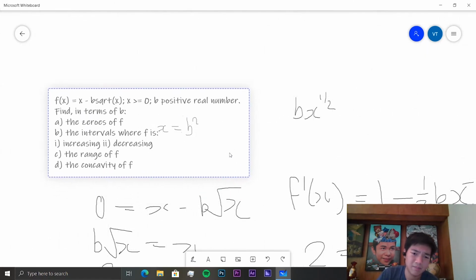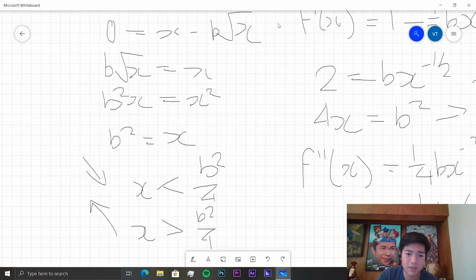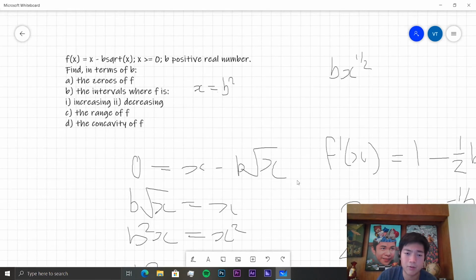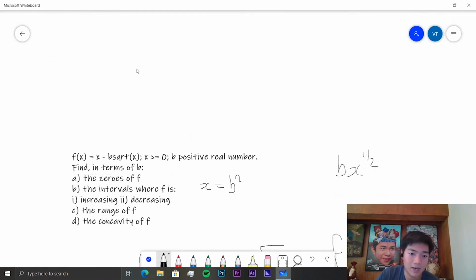Well, okay. We know the minimum is at b squared over 4, so let's see what value it outputs there. So this is b squared over 4 minus b times the square root of b squared over 4, which is b over 2.